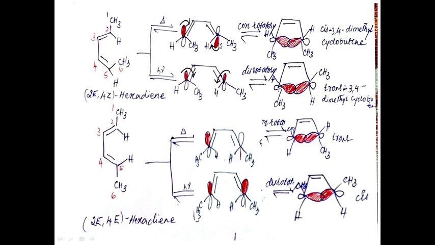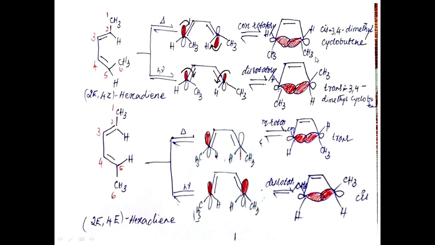In order to form a bond, both the lobes have to rotate themselves in clockwise direction. Such rotation is called as conrotatory. Okay, while conrotation occurs, see here, while you rotate this down, CH3 comes down here. When you rotate this also in clockwise direction, CH3 is going to come down here.